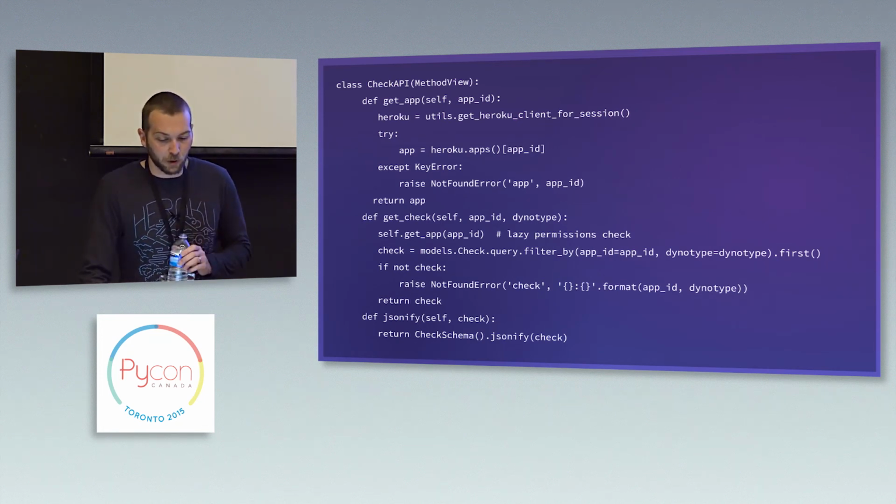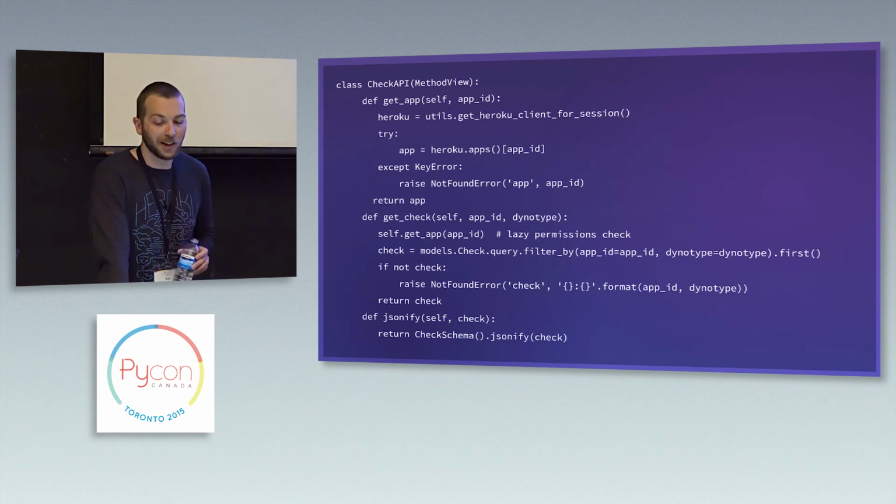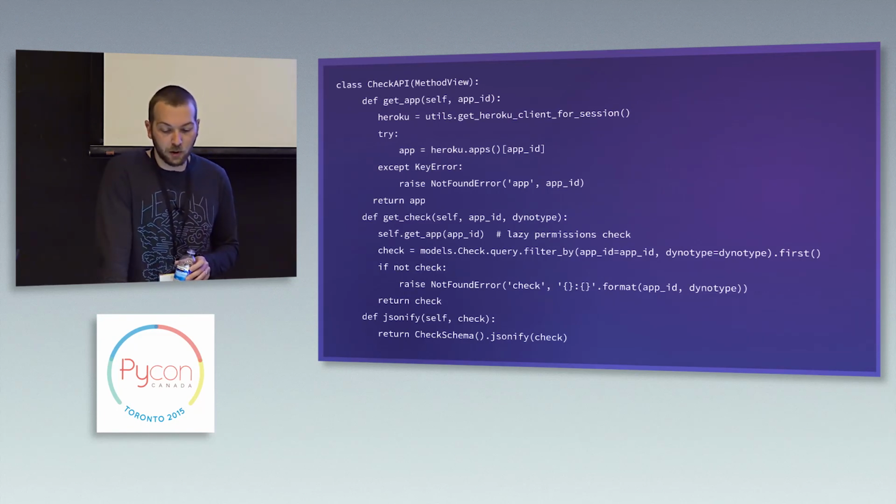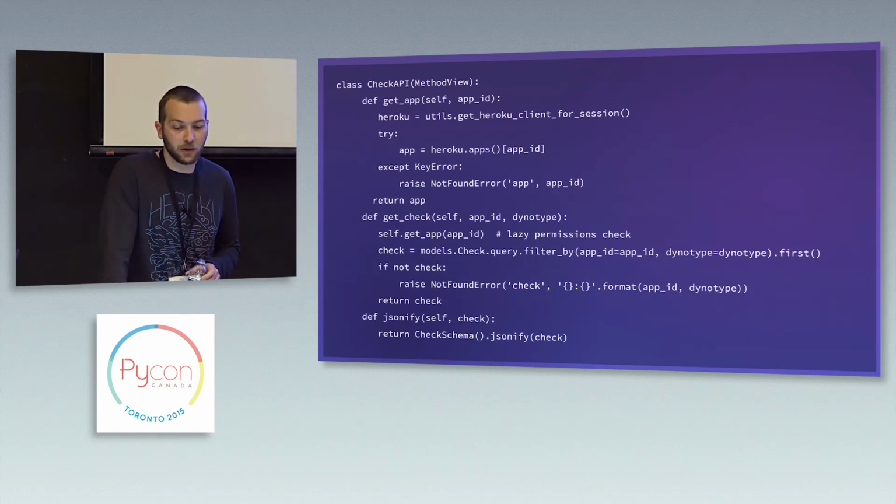In this case, we're also using the upstream service as a lazy way to do a permissions check. This is probably not a great pattern to follow, but I think for this application it's okay. The last method in here is our serialization method that uses the Marshmallow schema to create a JSON response.